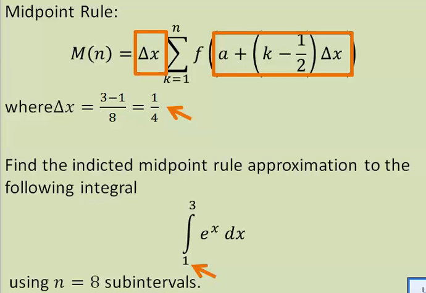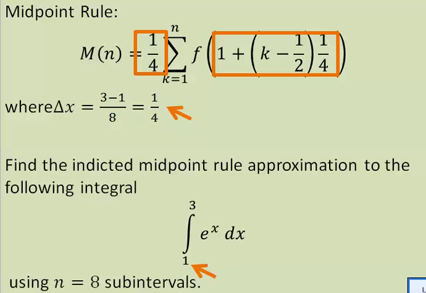So instead of the change of x, I'm going to put in 1/4. What about a? Well, a is the far left end point, and that's given to me by the lower boundary. So instead of change of x, I put in 1/4, and instead of the a, I put in 1.